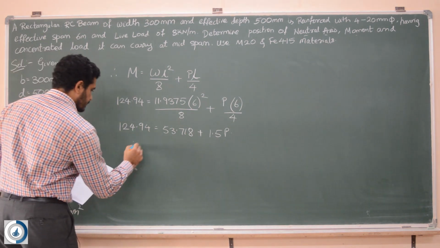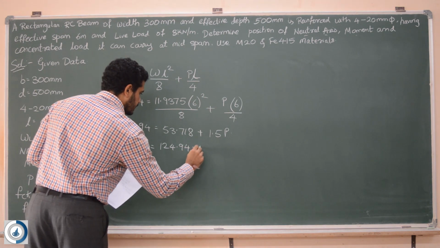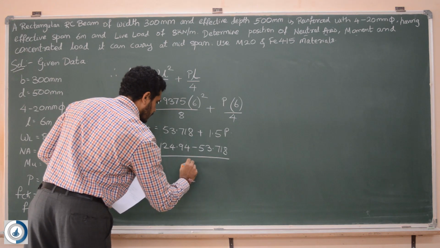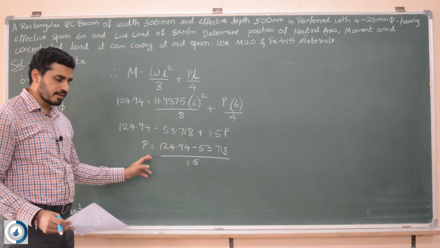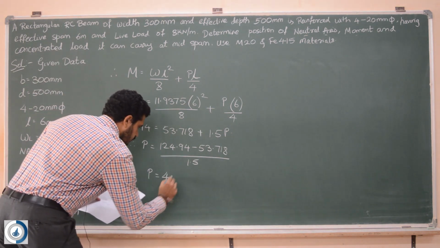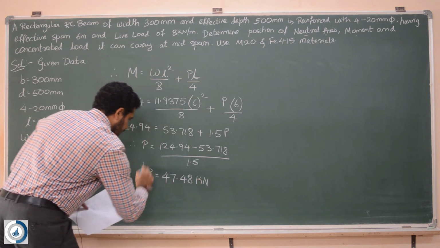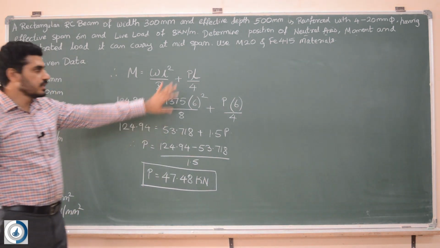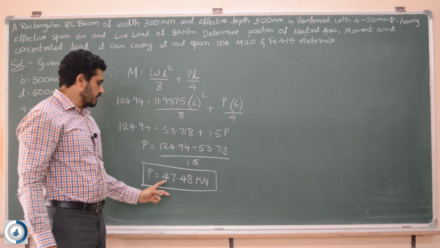Therefore P equals 124.94 minus 53.718, divided by 1.5. After you calculate this, you will get the unknown concentrated load as 47.48 kilonewton. So this is the procedure to calculate the point load it can carry at midspan, and it is 47.48.